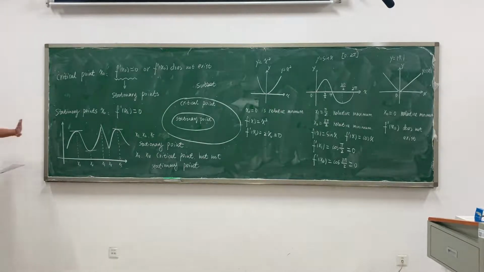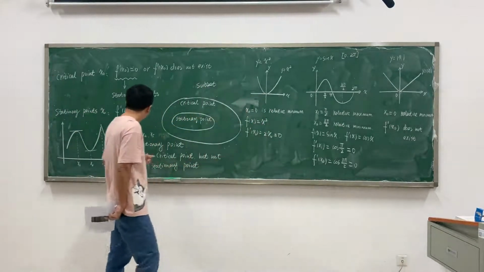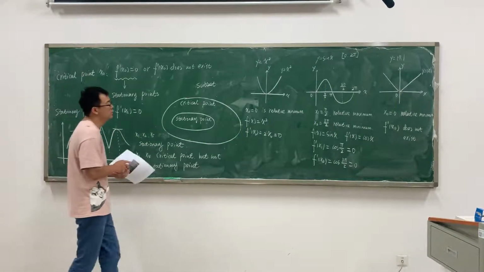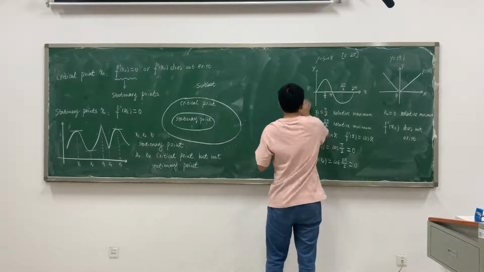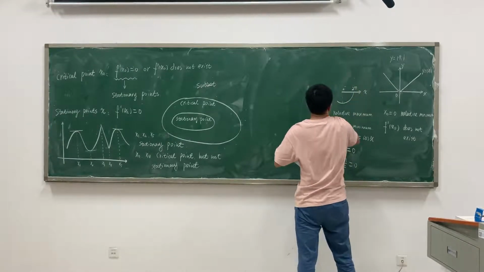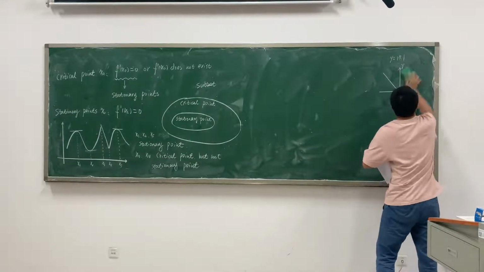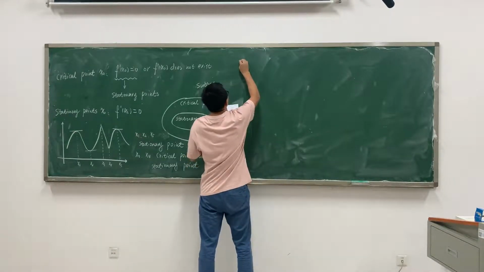So here we can see that, and we have a conclusion: a relative minimum or relative maximum of a function must be at critical points. So we have a result.